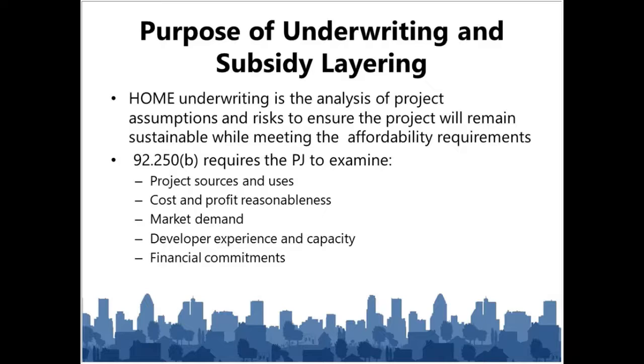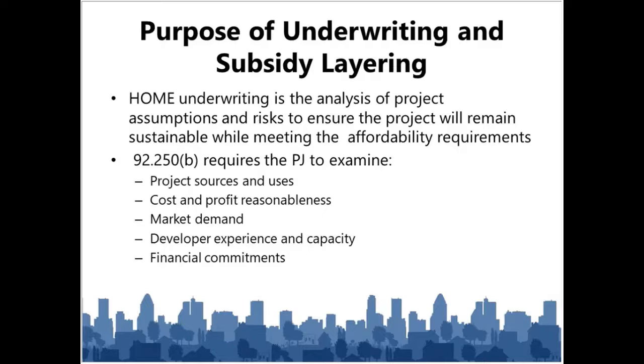So the purpose of underwriting and subsidy layering, and these are a HOME requirement, is to make sure that before we commit HOME funds to a project, we do a careful analysis of the project itself, all the assumptions that have been put in place with the projected numbers. We're trying to look at the risk of, if we fund this project, will it be sustainable based on the way it's been proposed?